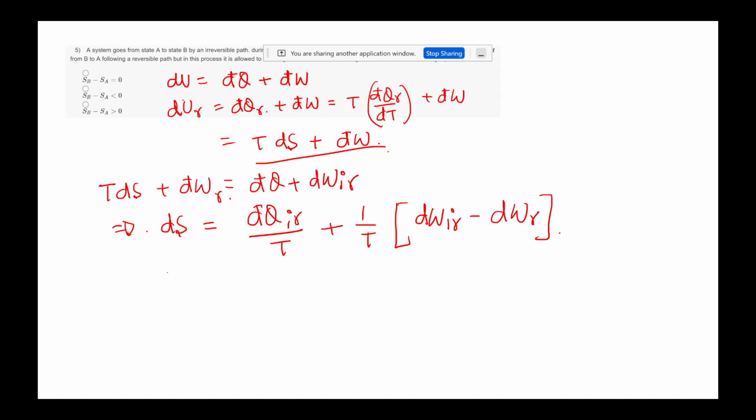Now we know that in an irreversible process dW irreversible is less than dW reversible.